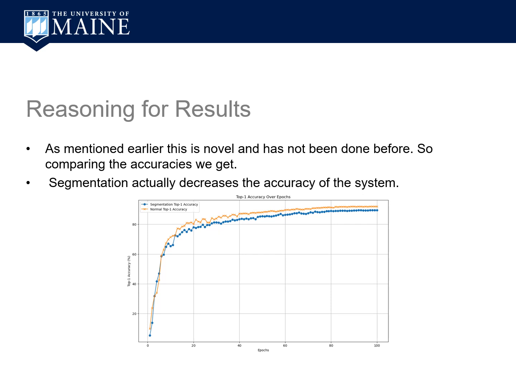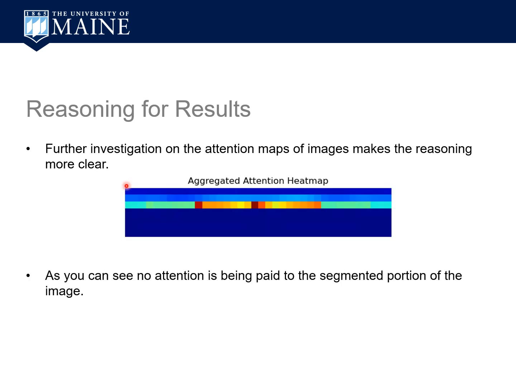Carrying on further investigation on attention maps, which is the positional embedding of the last token of the last block of the transformer model which we used, which is TransGeo, we can get an aggregated attention heat map. This is aggregated over the whole data set. We have a 40,000 image data set.